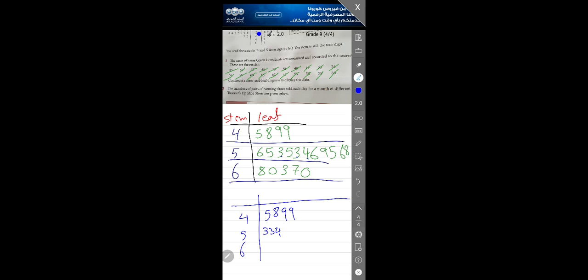Then 5, 5, 5, three 5s. Then 6, 6, 6. Then do we have 7? No, we have 8, 9, 9. That's it. Then I will order for number 6: 0, 0, 3, 7, and 8. We write here stem, leaf.